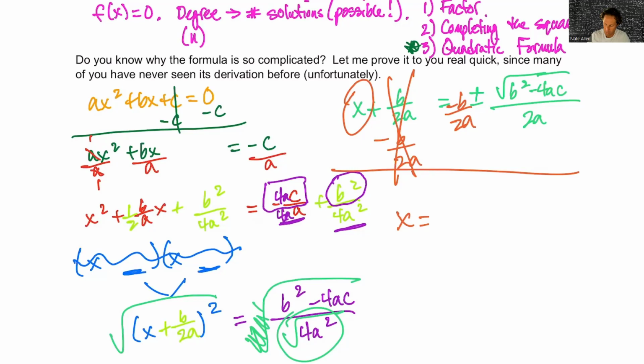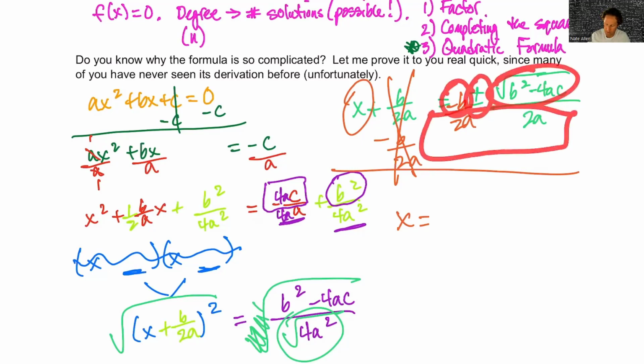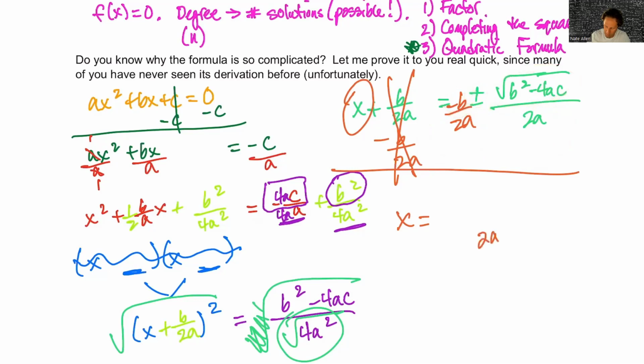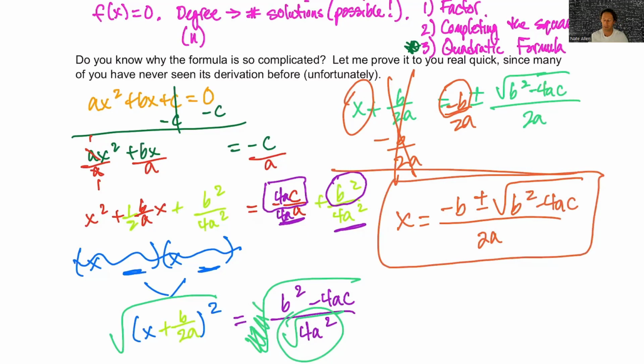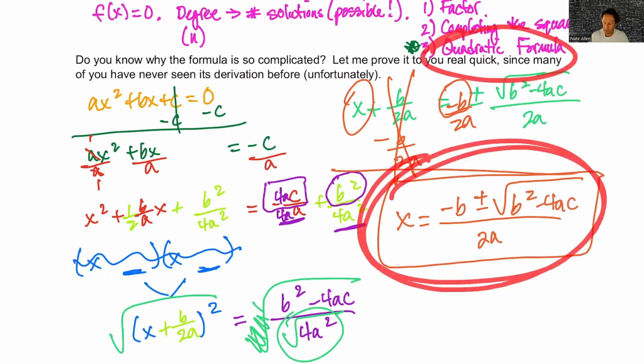Now notice, we are going to both add and subtract this. And because we have a common denominator, we can go ahead and keep it and do what it says on top, which says to take negative b, both add and subtract the square root of b squared minus 4ac. And that, my friends, is why, unfortunately, the quadratic formula is what it is.